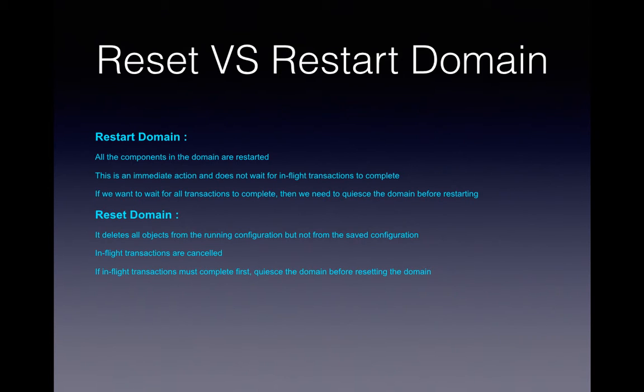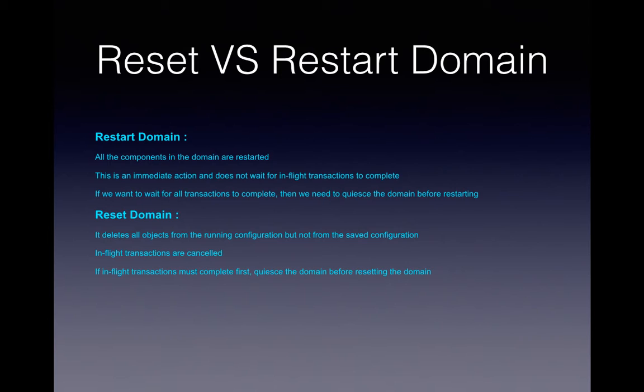When I say running configuration, we have a checkpoint in which we save all the configurations. You can see a save config option at the top of the DataPower appliance.